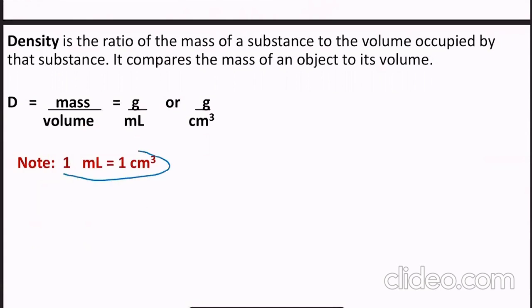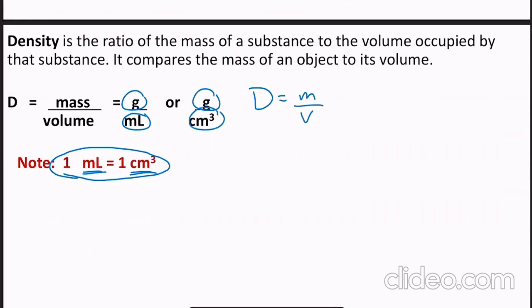Note here that this is volume in the metric system, and this is volume based off of our SI units. So they're interchangeable. Density is equal to mass over volume. The mass in grams over volume in milliliters. The mass in grams over the volume in cubic centimeters.